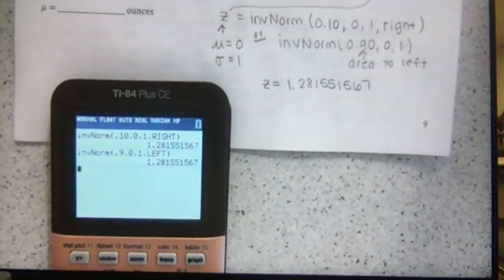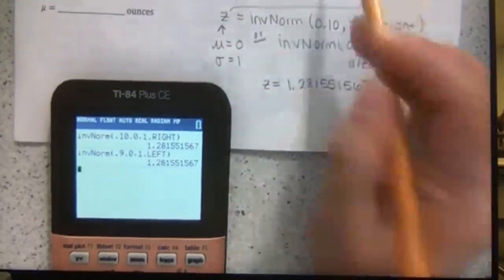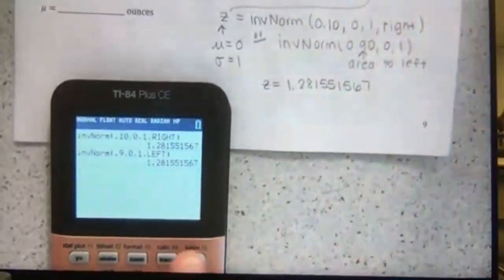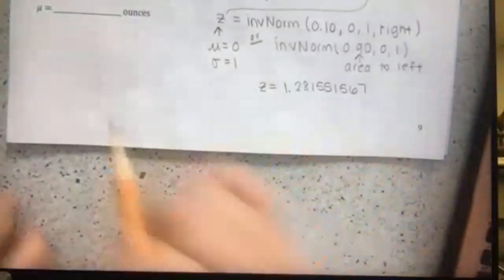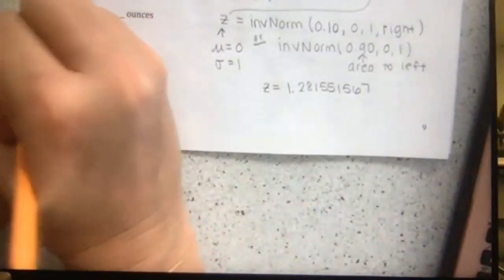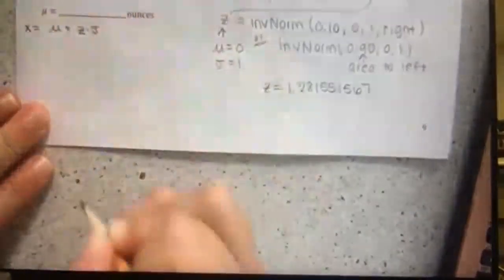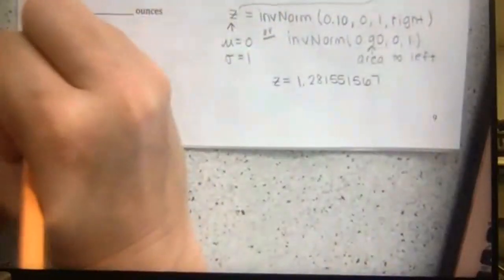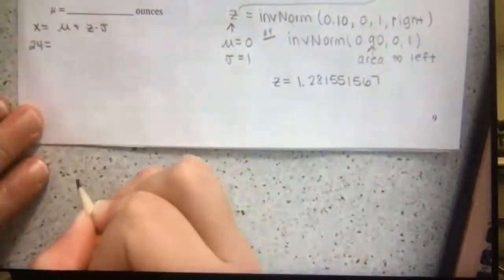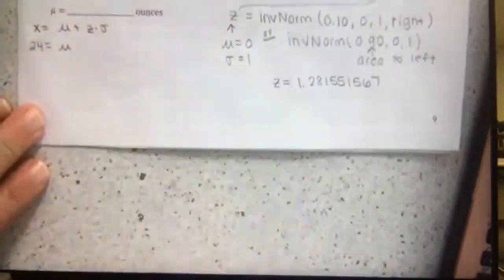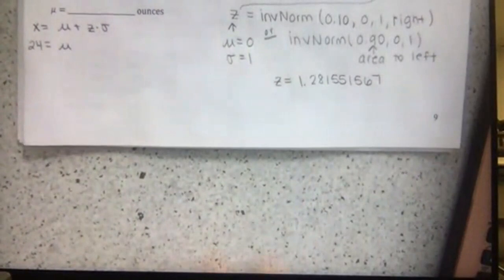All right, so now that we have our Z value, we can plug it into this formula to find our mu, to find our mean. So X equals mu plus Z times our standard deviation. Our X value they gave us in the problem was 24. Our mean, we don't know our mean. We're going to solve for our mu.